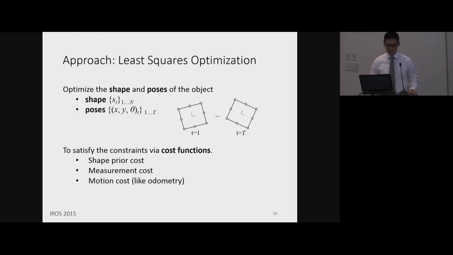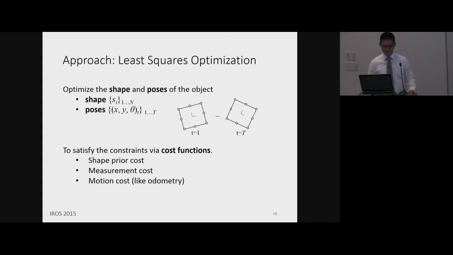Our approach is using least squares optimization. It can be seen as the graph SLAM in the SLAM community. In the optimization, we describe the shape and poses as follows. The shape is the control points along the boundary of this object, and the poses are just x, y, theta of the center of mass of the object.